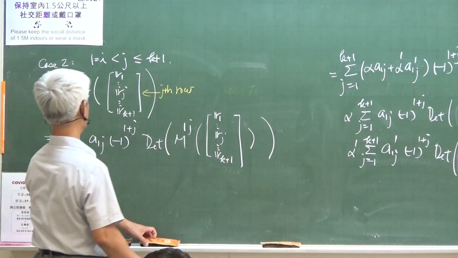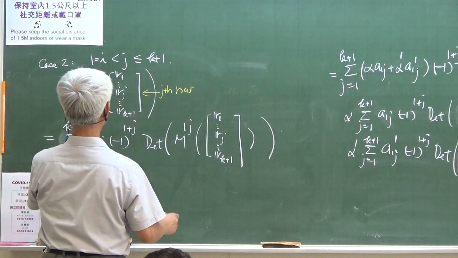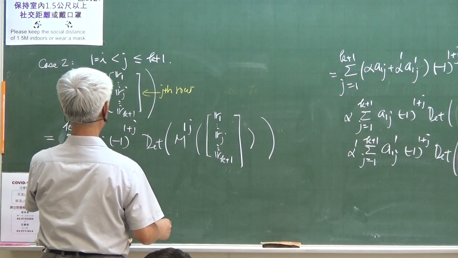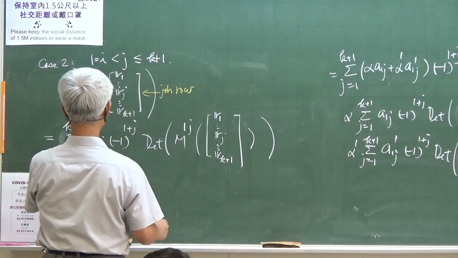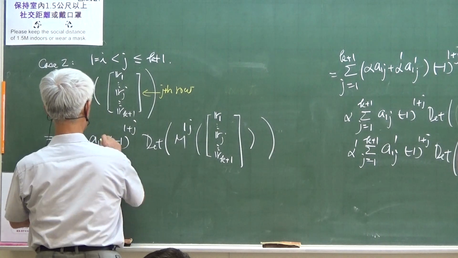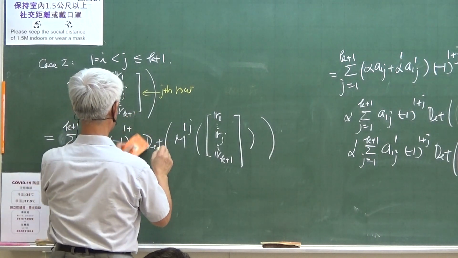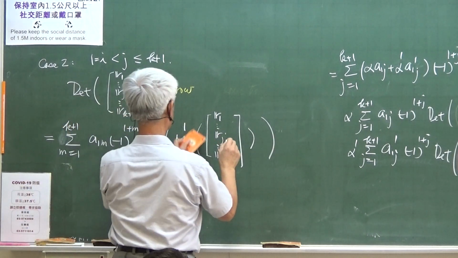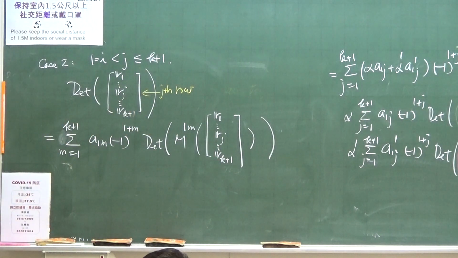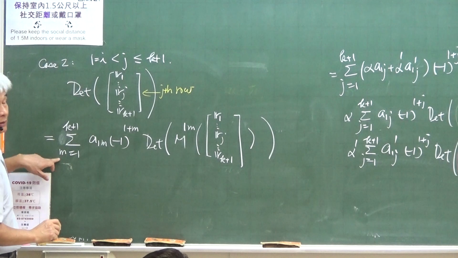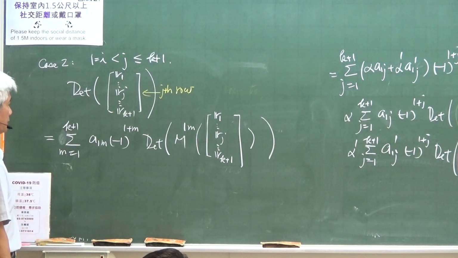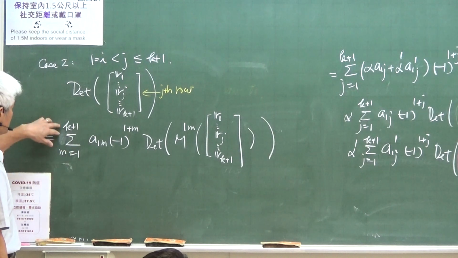Oh, sorry. I think I forgot to change the index to n. Alright, so it's n from 1 to k plus 1.